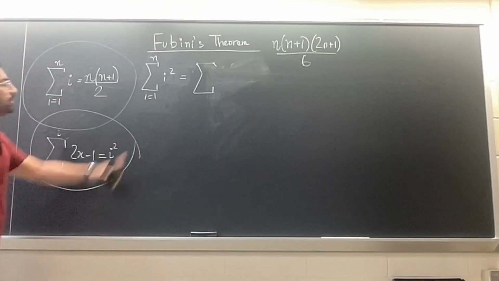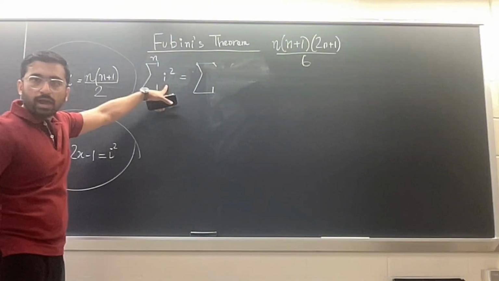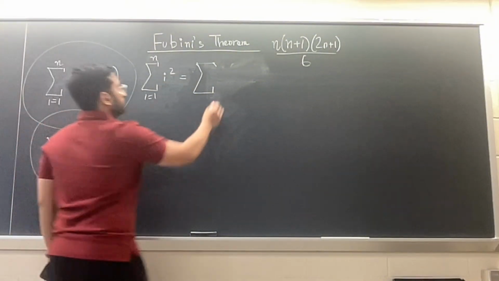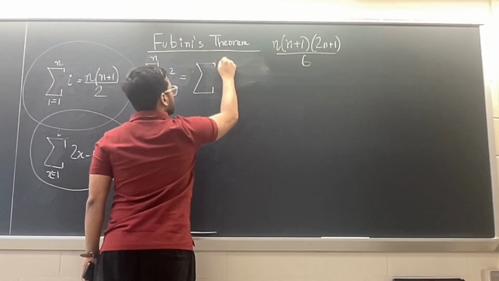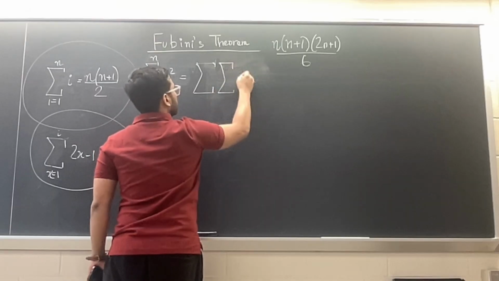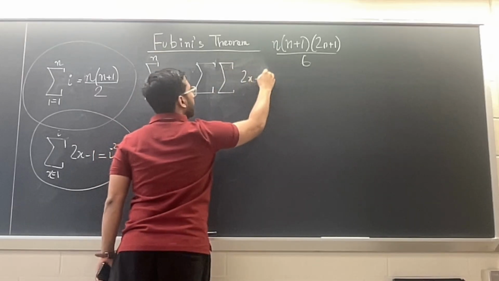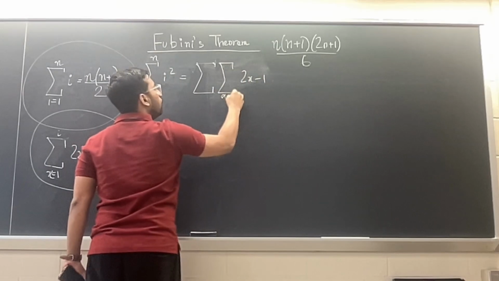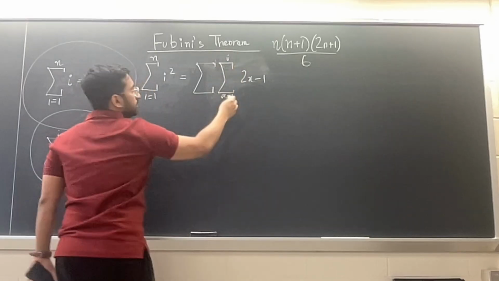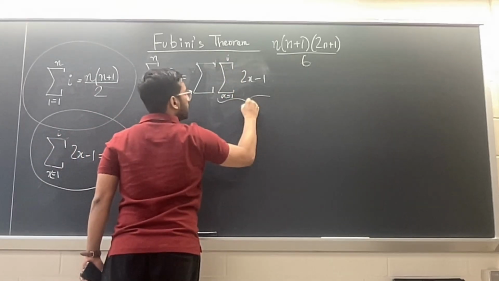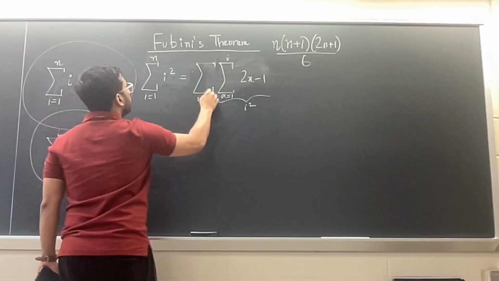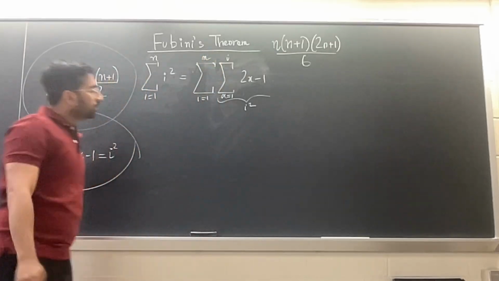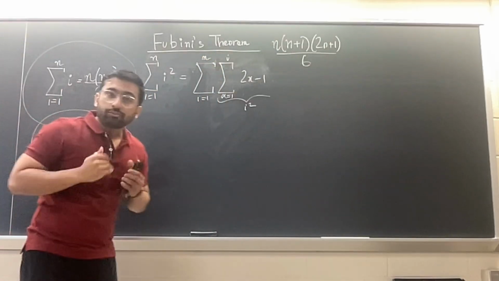So we rewrite i squared as an odd term summation, the sum of 2x minus 1 for x from 1 to i. This gives i squared, and i goes from 1 to n. So this is what we have to find.